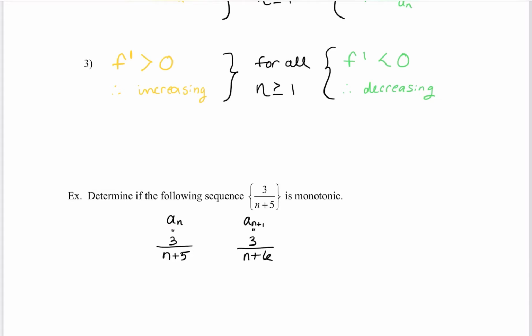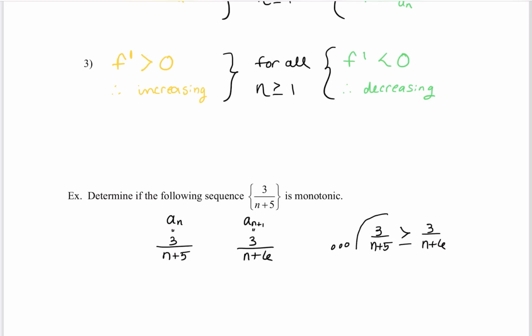Now, I'll be honest. If you have a bigger denominator, that means the overall fraction is smaller. You should be able to look at this right here, in my opinion, and simply observe that the bigger denominator certainly means that that subsequent term is going to be less than or equal to the previous term. So, this one's going to be decreasing or non-increasing.